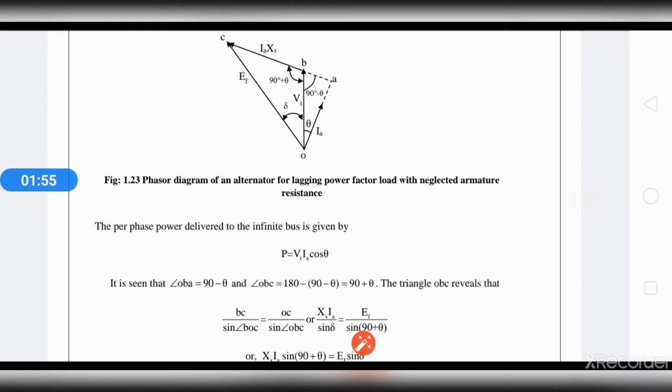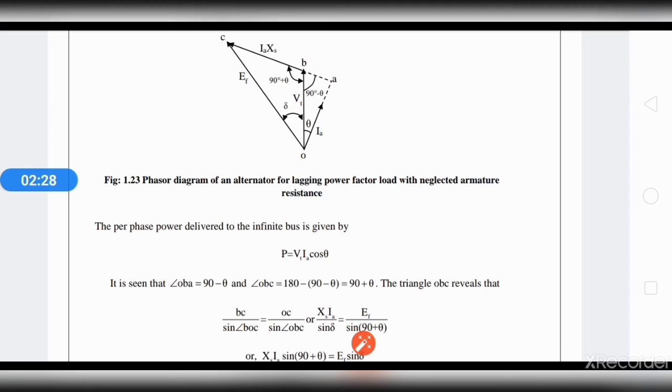It is seen that angle OBA is 90 minus theta and angle OBC is 90 plus theta. So triangle OBC reveals that BC upon sine of angle BOC is equal to OC upon sine of angle OBC.